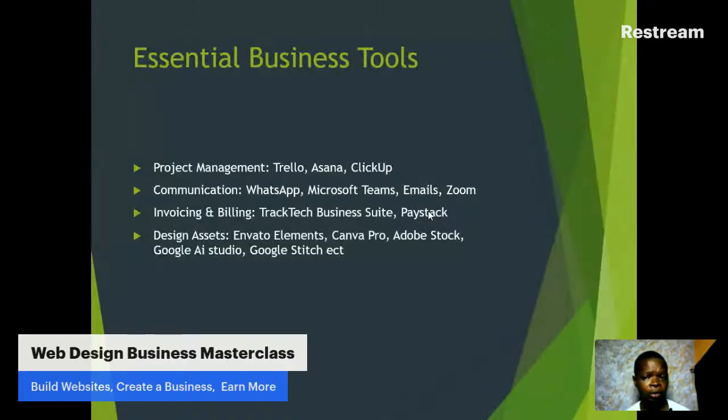You can also use Google AI Studio, or Gemini, some of these cool tools or image effects, to generate images yourself, even from Google. You can also use Google Stitch. I've shown you how you can use it to create wireframes and send to your clients for them to see before you start building the website. So that's pretty much some of the business tools that you need to know about.